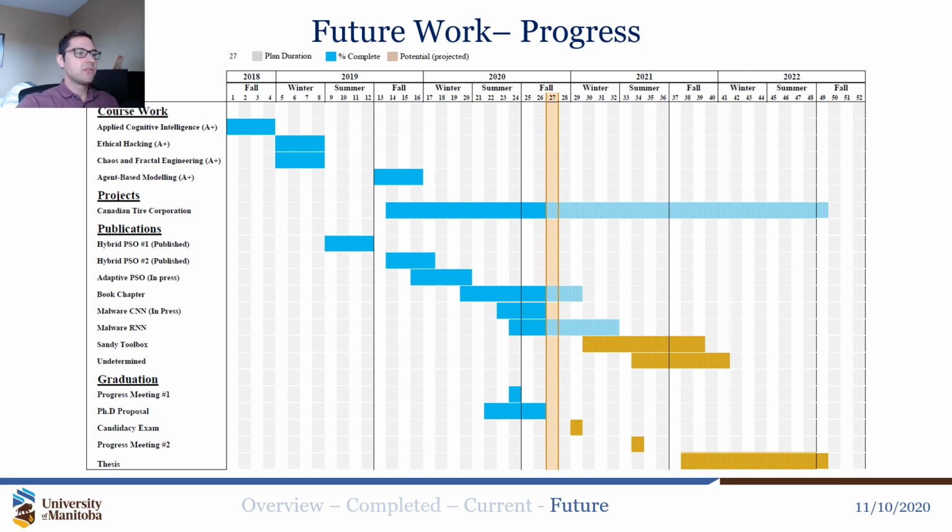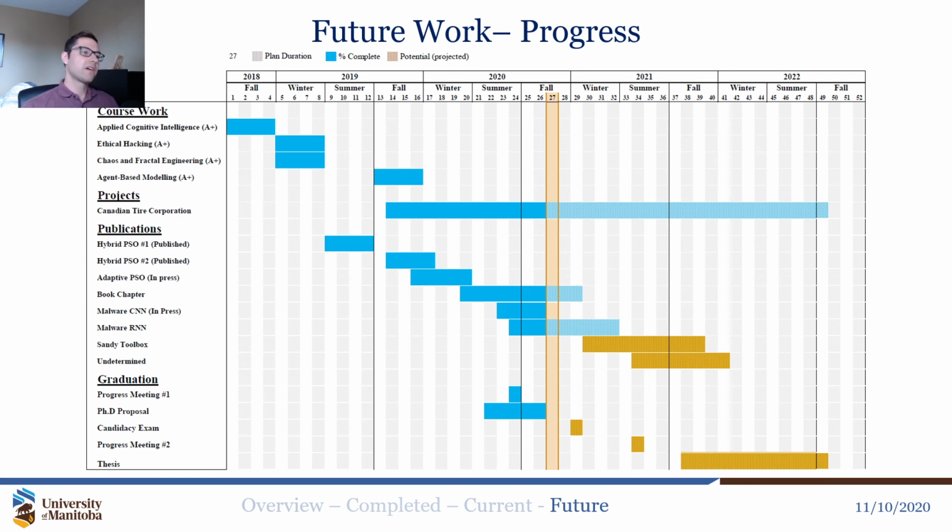In terms of publication, we've published 2 works on feature extraction, but feature reduction related to hybrid particle swarm optimization techniques. We also published a paper related to adaptive particle swarm optimization that's in the press, and our malware convolutional neural network classifier has been accepted.